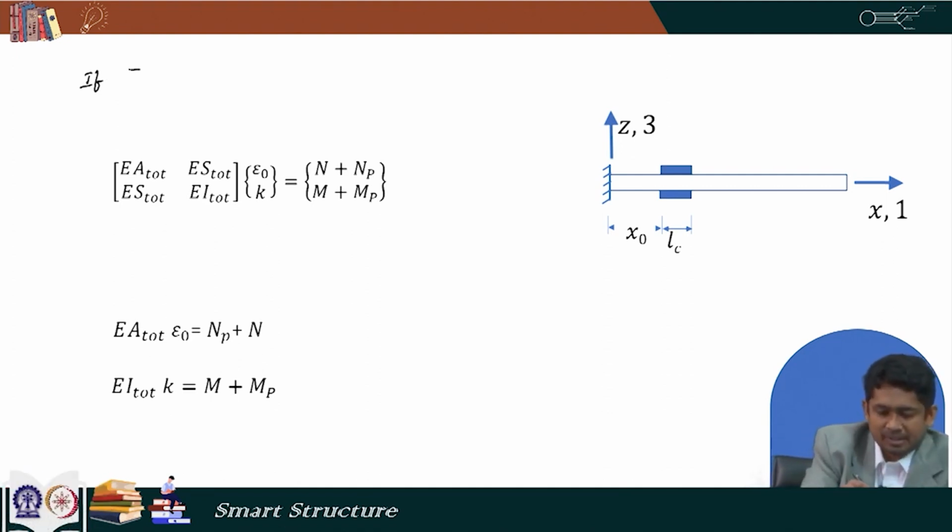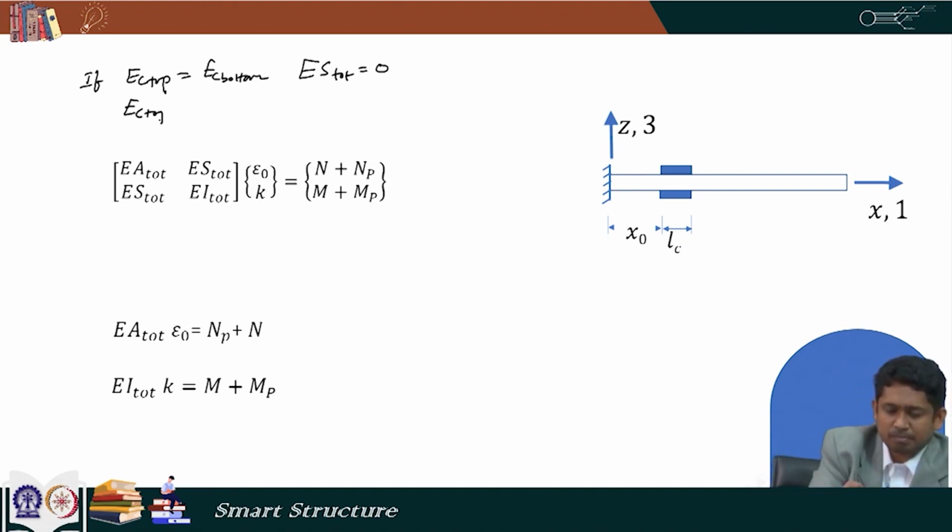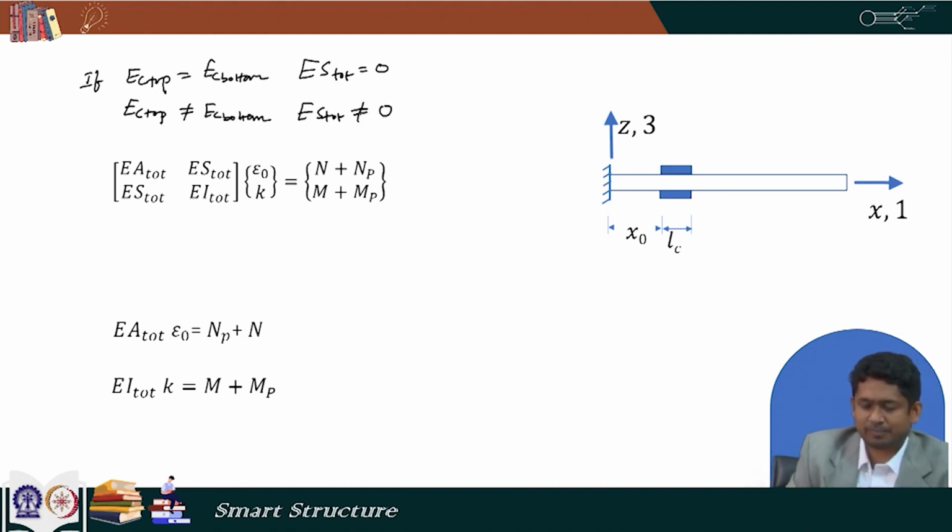If EC top is equal to EC bottom, in that case ES total is going to be 0, because the section becomes symmetric in terms of the elastic properties. But when EC top is not equal to EC bottom, ES total is a non-zero value.